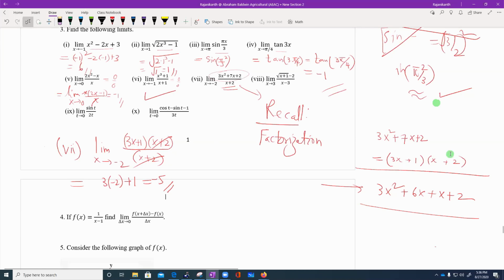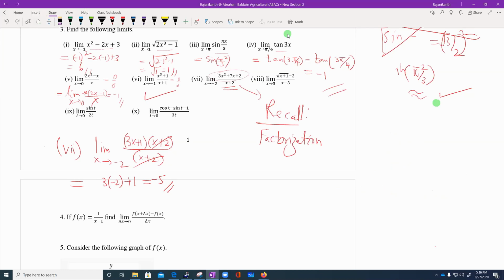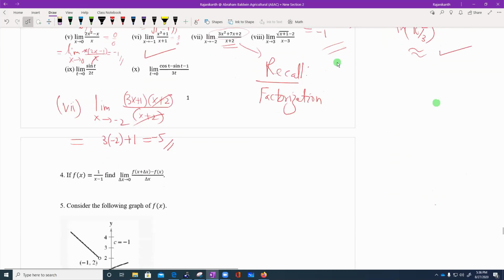But number 8 is not that easy because you see the radical. I need more space for number 8. Limit as x goes to 3 of the square root of x plus 1, minus 2 outside, over x minus 3.